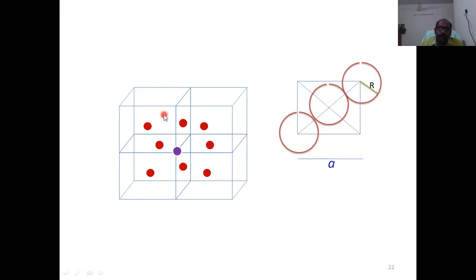So these are the face center points for these cubes, one over another. Now we have seen these 4 points.